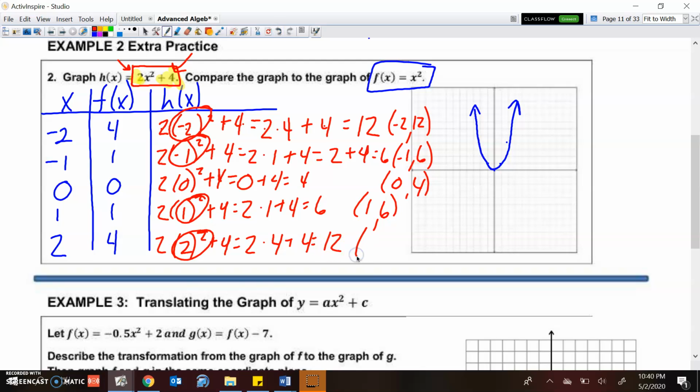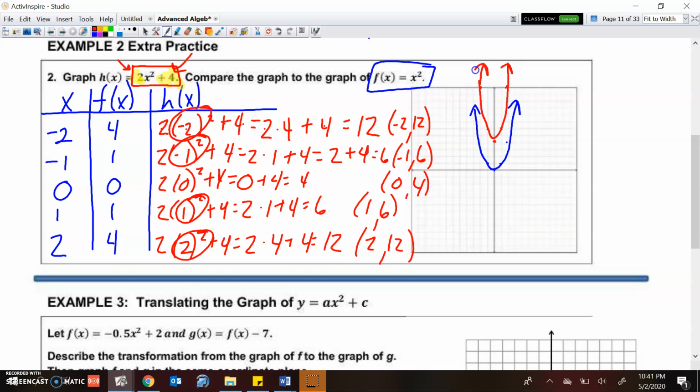Okay, so that ordered pair is 2, 12. So negative 2 all the way up to 12. Then we have negative 1 up to 6. We have 0 up to 4. 1 up to 6, and 2 up to 12.